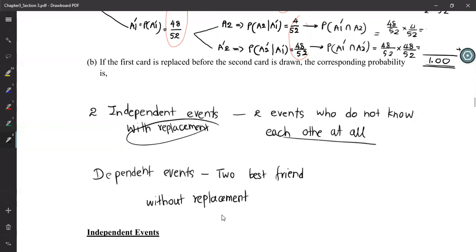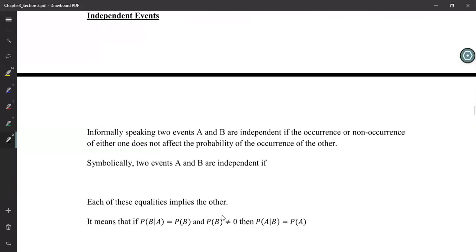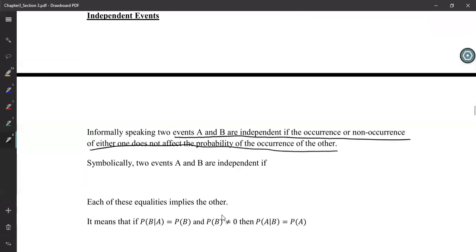So if you put this idea into probability, okay, if we say two events A and B, two events A and B are independent if the occurrence or non-occurrence of either one does not affect the probability of the occurrence of the other, right? So two events A and B are independent if the occurrence of one event does not affect the probability of the occurrence of the other event.